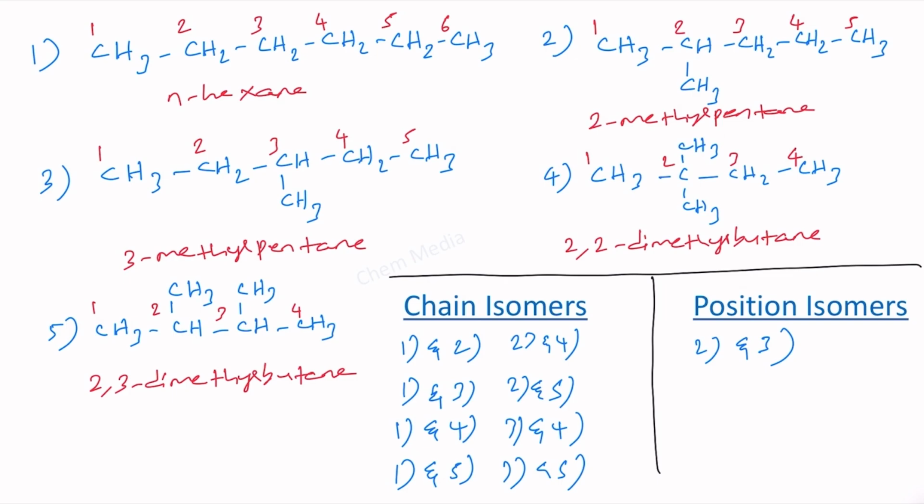Side chain is also same, in both the cases methyl groups. However, in 2,2-dimethyl butane, both the methyl groups are at 2 position. In 2,3-dimethyl butane, one methyl group is at position 2 and the other methyl group is at position 3. Therefore, 4 and 5 are position isomers.